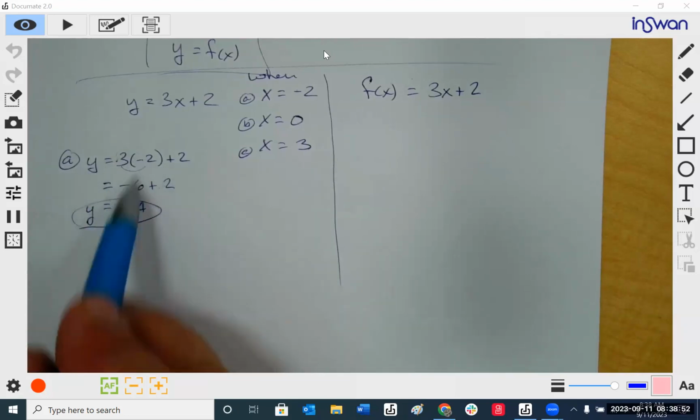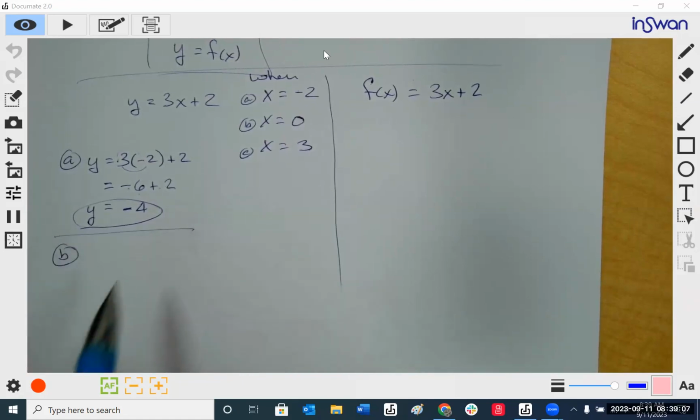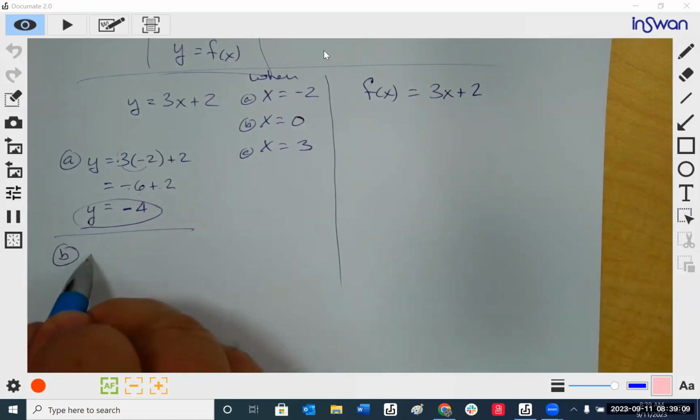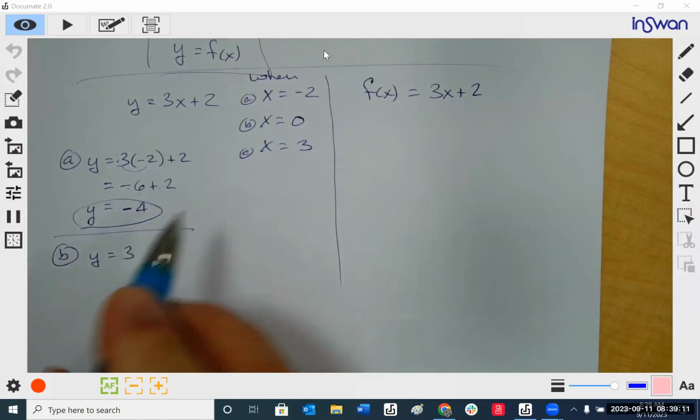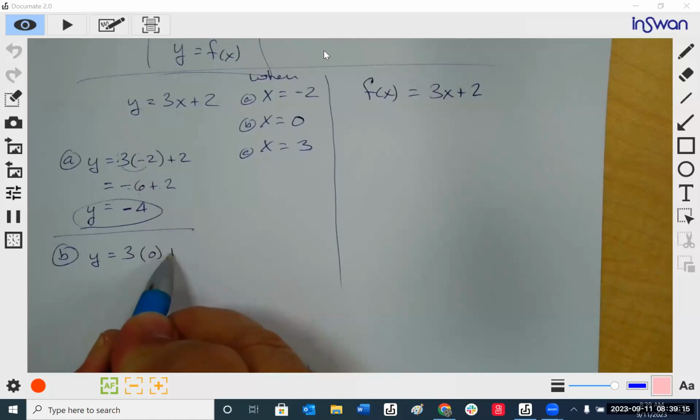So what does all this tell me? What does it give me? We just finished working this stuff. Now for B, x equals 0. Anywhere I see an x, I put a 0.